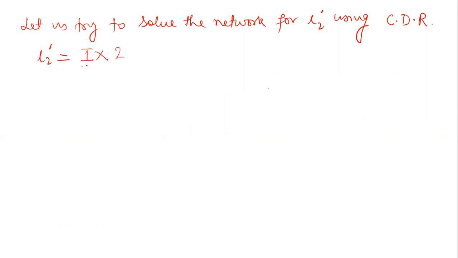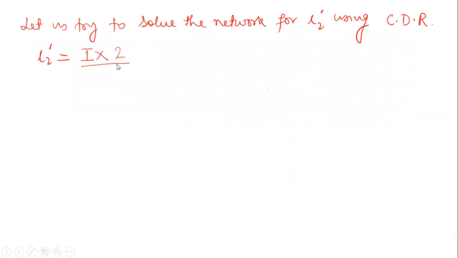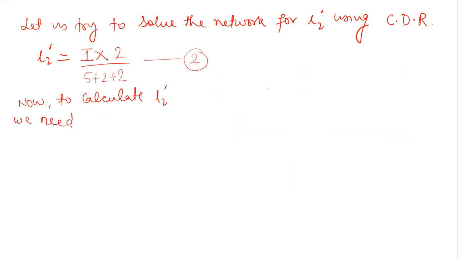It is 2 divided by, now let us see, sum of all the three resistances here, means in these two branches you have these three resistances. So we have 5 plus 2 plus 2. So this is, let us say, equation number 2 here. Now to calculate I2 dash, we need I, right?